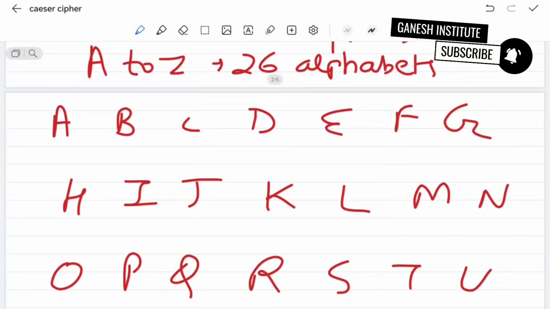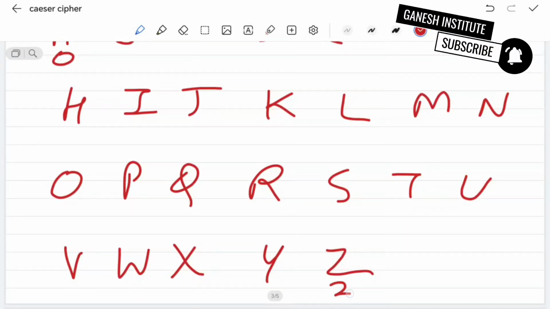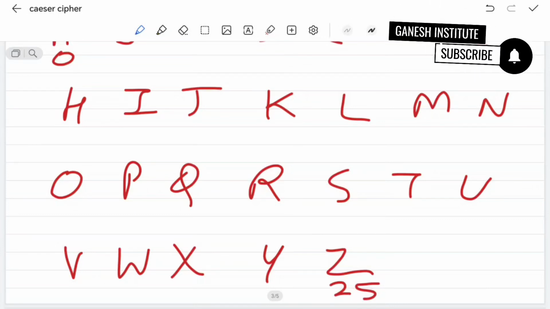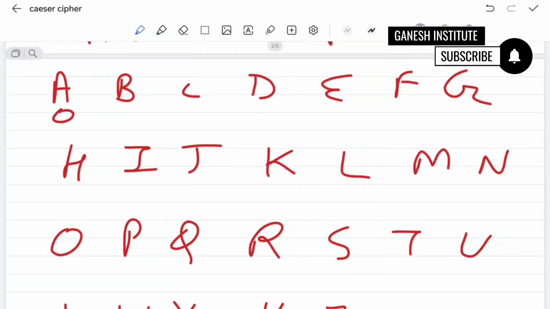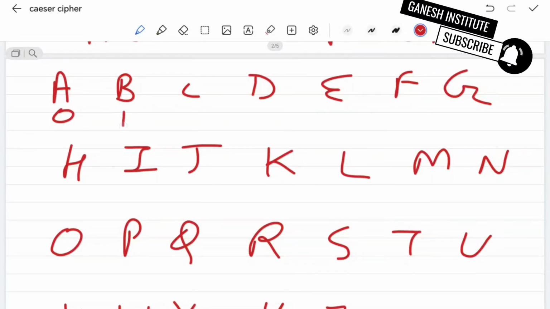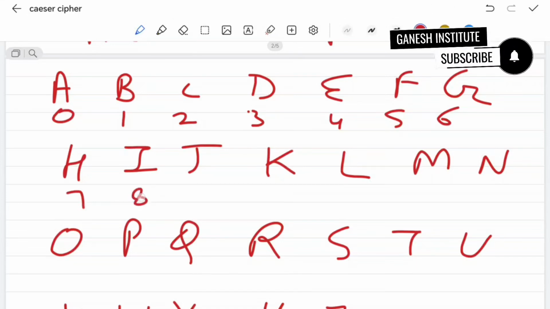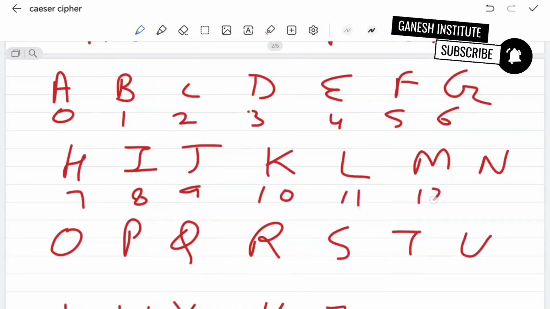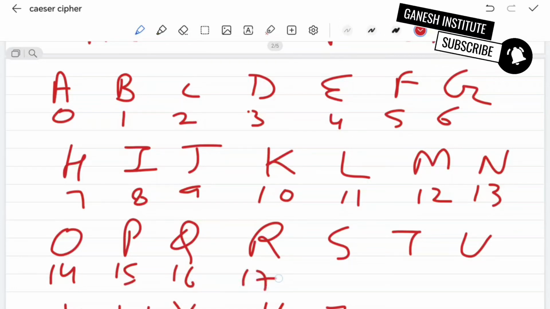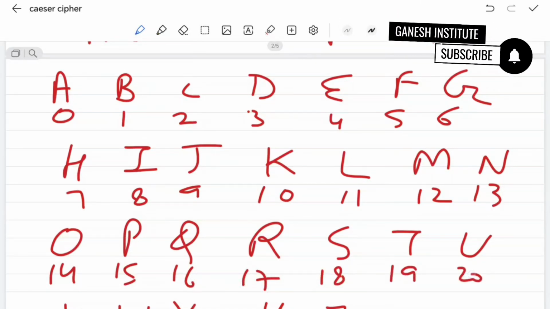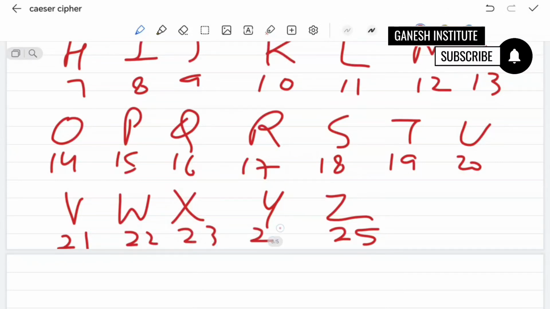Please remember, 0 stands for A and 25 stands for Z. It's not like in reasoning where we have 1 till 26. Here numbers are 0, 1, 2, 3, 4, and so on up to 24 and 25.